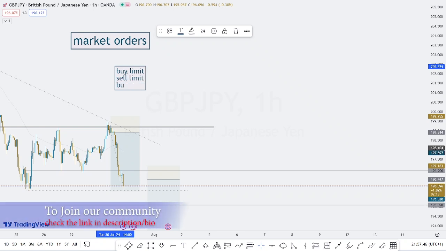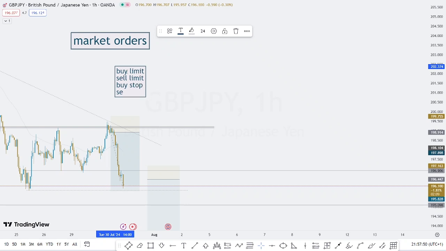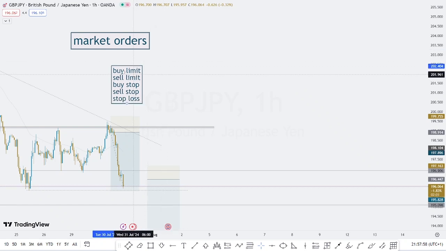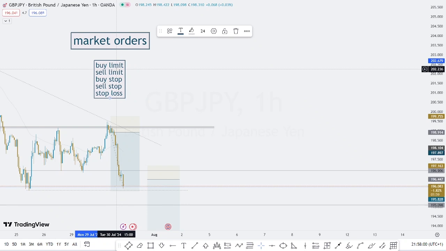Every forex trader makes use of these five market orders. We also have market execution. Yes, there are six of them.